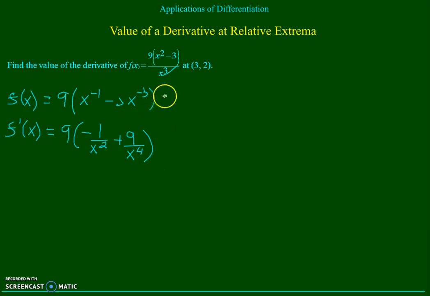Okay, now we're going to evaluate this expression at that value. So we have 9 times -1 over 3 squared is 9, plus 9 over 3 times 3 is 9, times 3 is 27, times 3, 81.